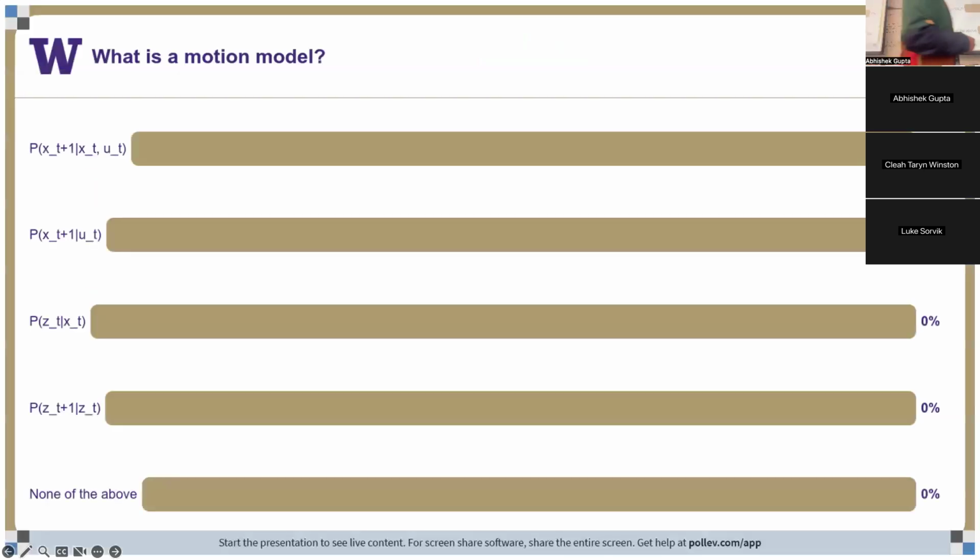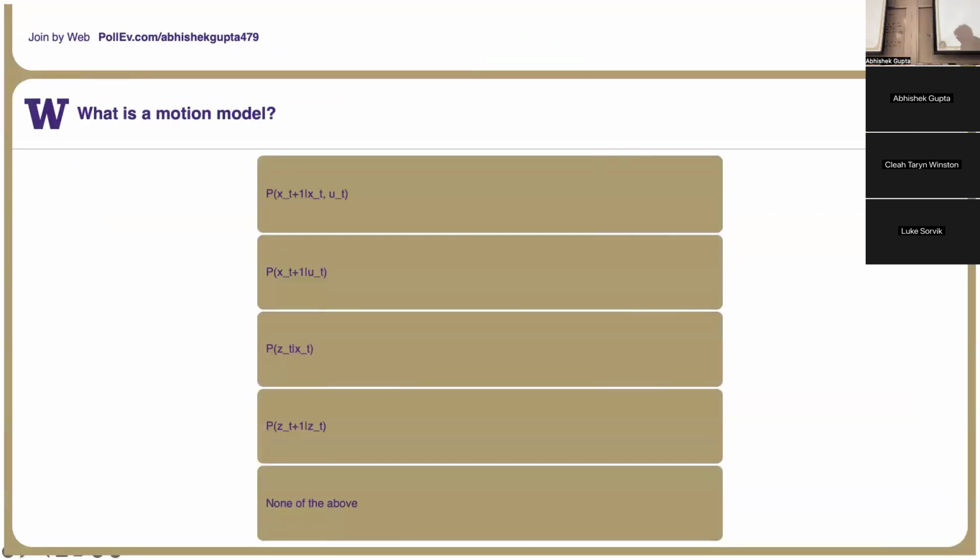Okay. Good. Let's start with our little participation quiz. The question is, what is a motion model? We have xt plus 1 given xt and ut. We have xt plus 1 given ut. Zt given xt. Zt plus 1 given z.